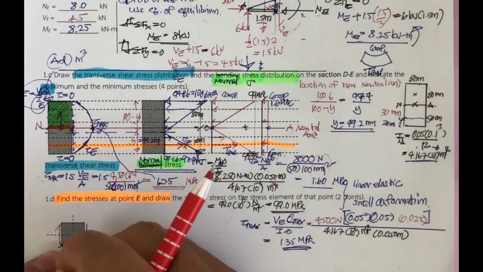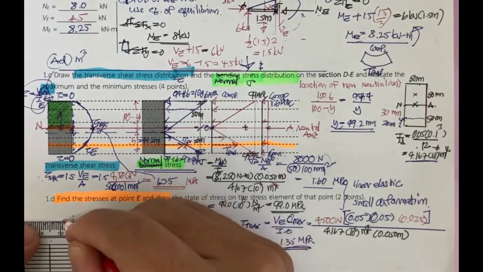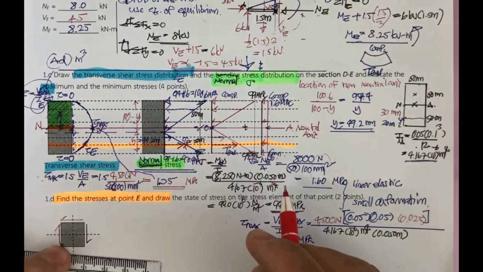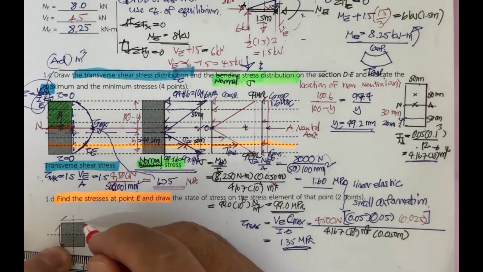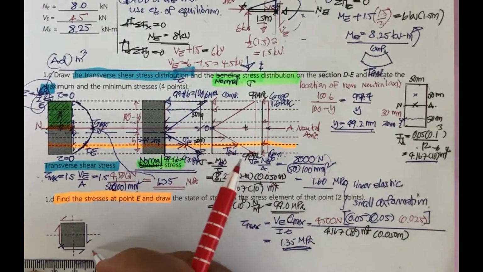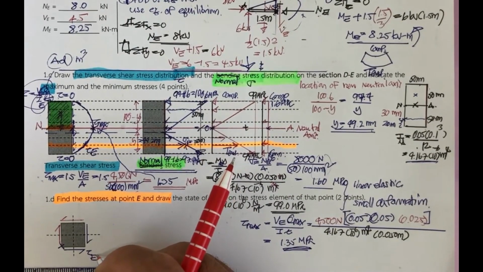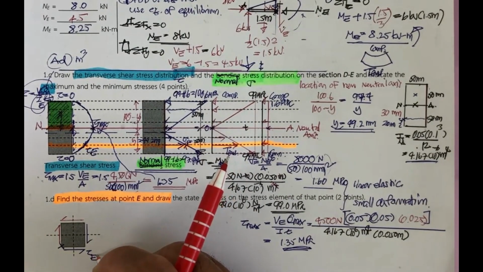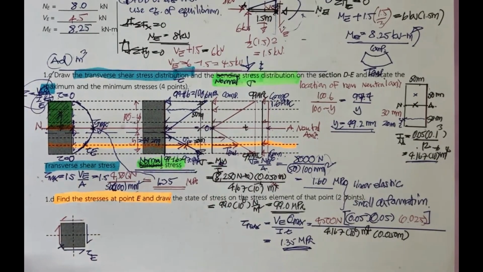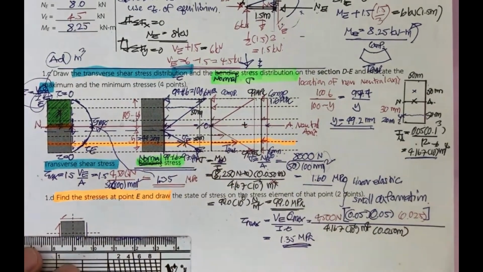And if you take the moment here, the red has produced a moment, the blue will produce clockwise, so we need this one to balance it. Then you have to have the horizontal balance by this one, this is going to be tau sub e. Also this sigma sub e is in tension, that's for sure.